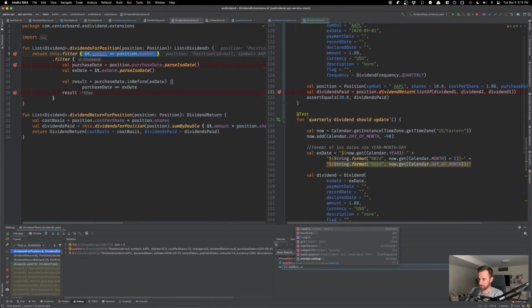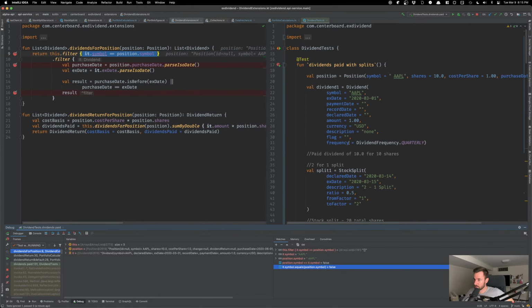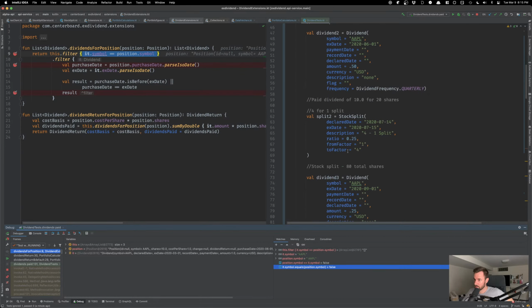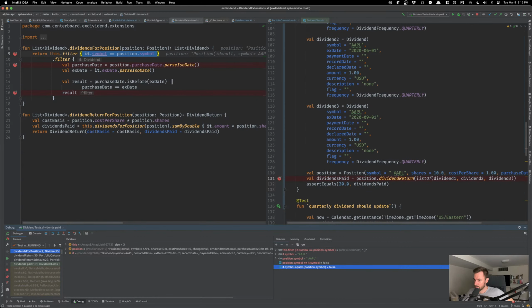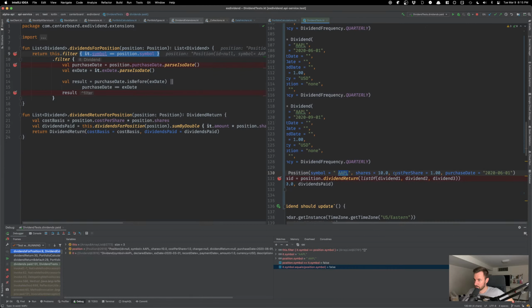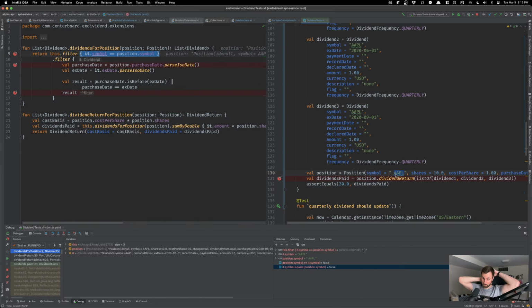What? These are strings. Okay, what am I missing? AAPL, AAPL, AAPL. What? Am I losing it?